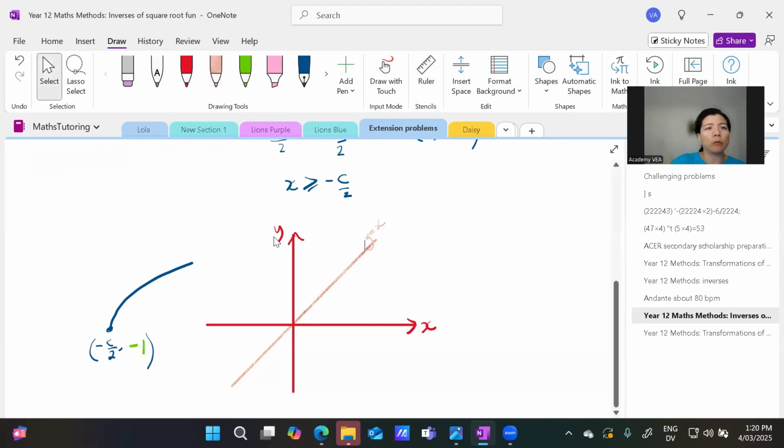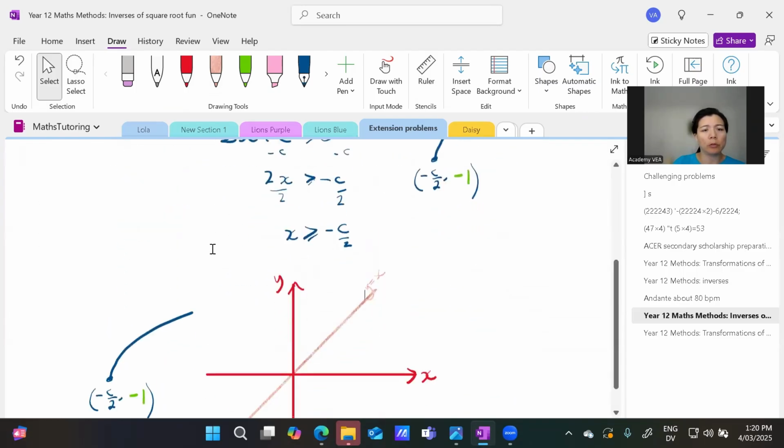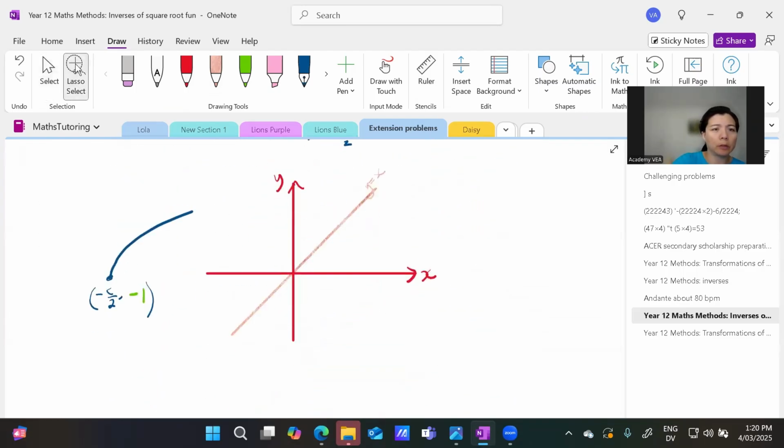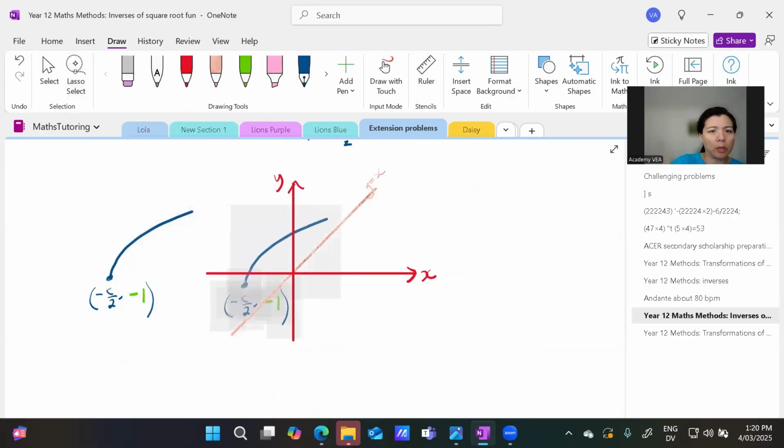So we are looking for no real solutions. Basically, if I pick this up, it can't be out here, because even though my graph doesn't extend that far, it's actually going to cross the y equals x line at one point. At that particular point there'll be two real solutions.